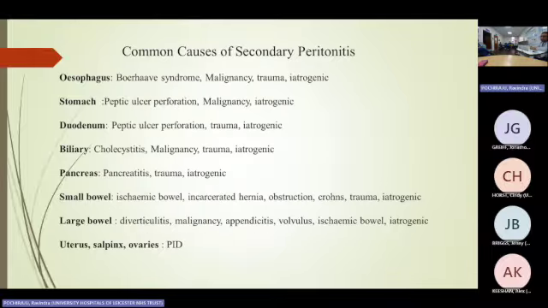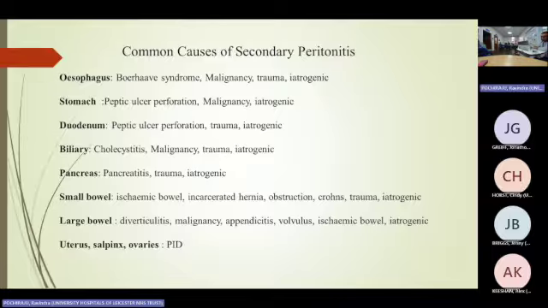So the common causes of secondary peritonitis, which is what we often see, top to bottom, and I've included esophagus because if there is an esophageal pathology happening at the gastroesophageal junction or the lower third of the esophagus, it's not uncommon for it to cause peritonitis in addition to the mediastinitis that it usually causes. So Boerhaave, trauma, stomach and duodenum, peptic ulcer perforation is a classic presentation, which you see very often.